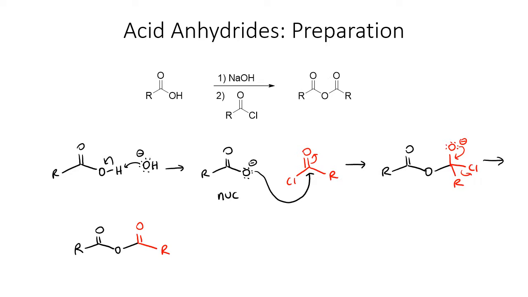So the acid anhydrides are very similar in reactivity to the acid chlorides, but instead of having the chlorine act as the leaving group, we're going to have this entire group here act as a good leaving group. So we'll see on the next slide that acid anhydrides act very similar to the acid chlorides.